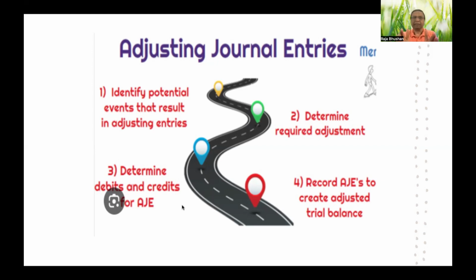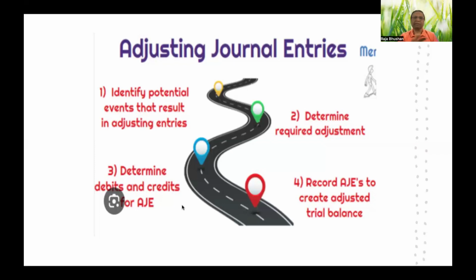So it is in between. Some of the events which have not gone into the unadjusted trial balance will go to the adjusted trial balance, from where we will take it to the income statement. We'll discuss the adjusted trial balance and income statement in our next video.